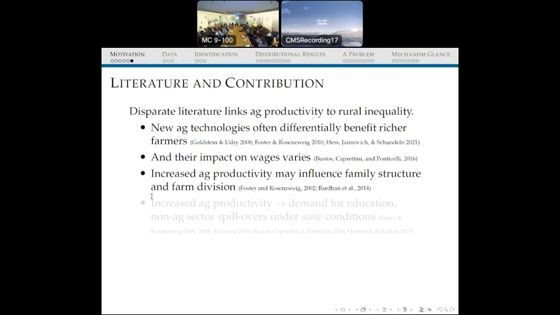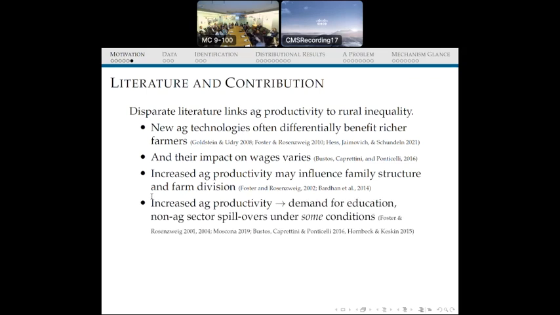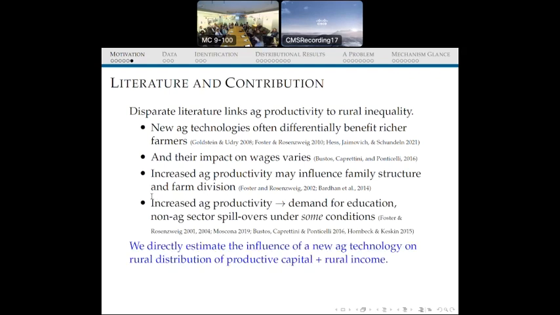And that has implications for landless laborers, right? Importantly in this context, increased agricultural productivity may influence family structure and farm division. It can also influence demand for labor, as well as non-agricultural sector spillovers, and does different things in the non-ag sector in different conditions, which I'm going to come back to.